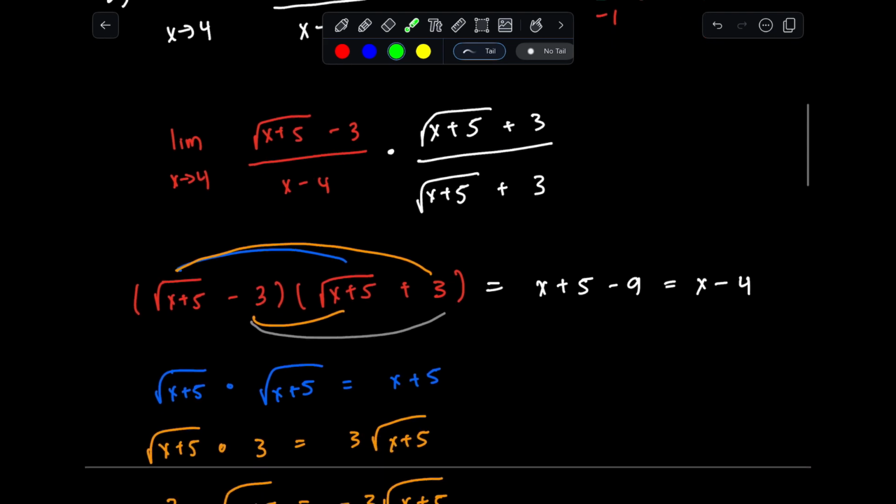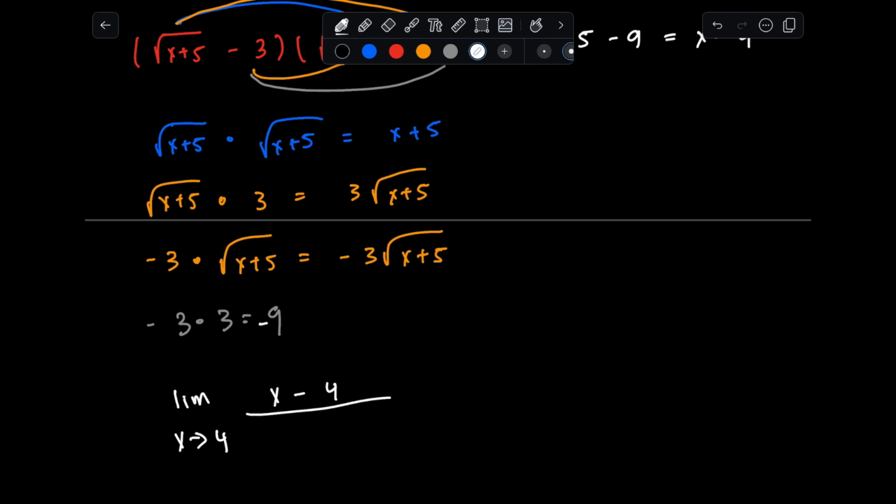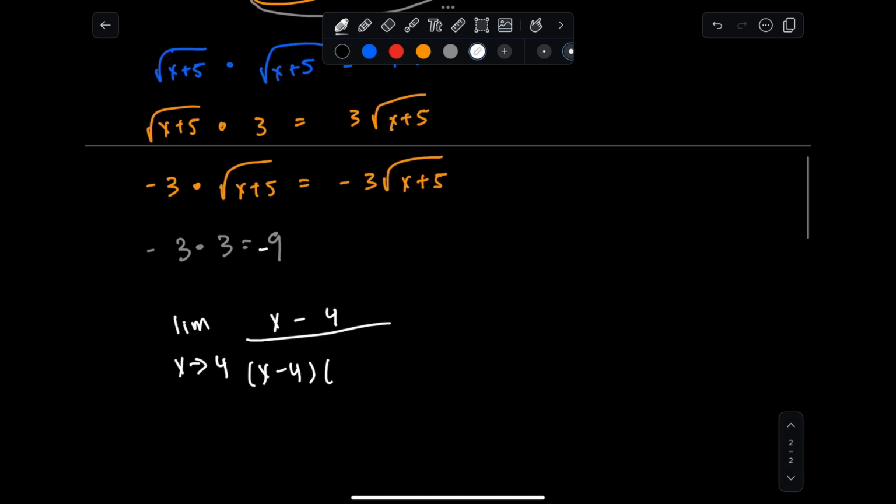And so we can go ahead and rewrite our limit as the following expression. The limit as x approaches 4 of x minus 4 over x minus 4 times the square root of x plus 5 plus 3.